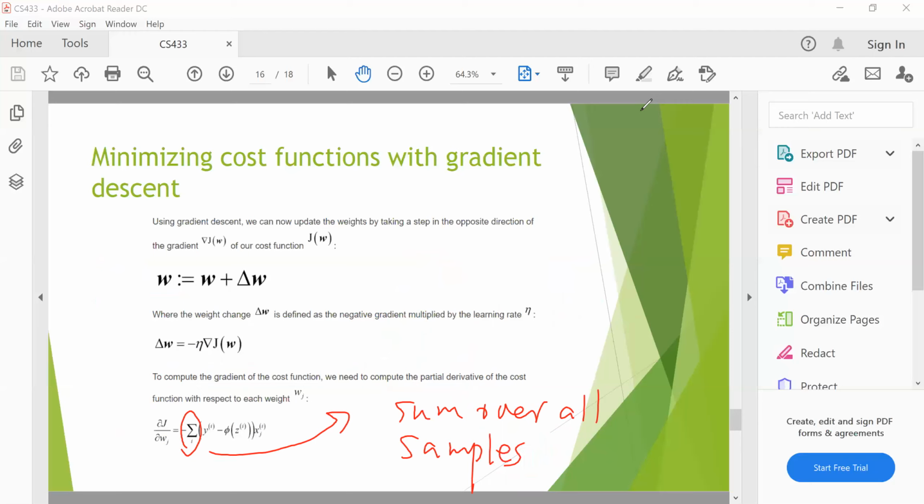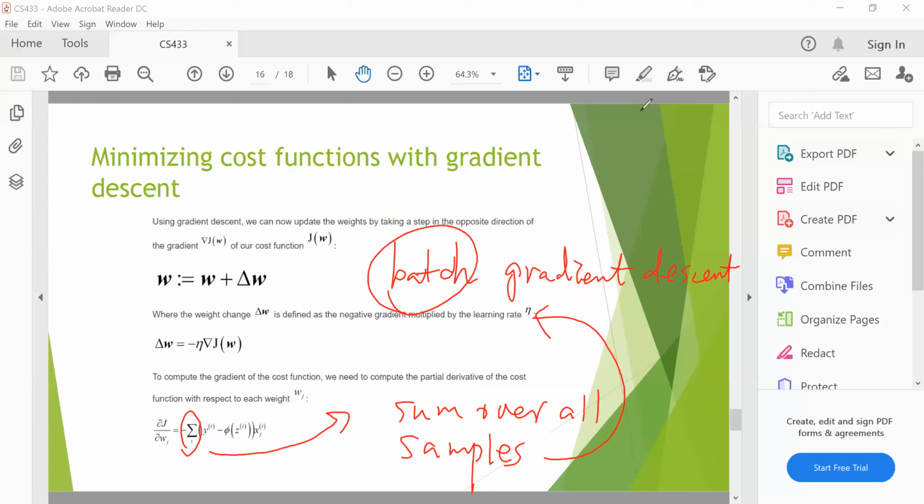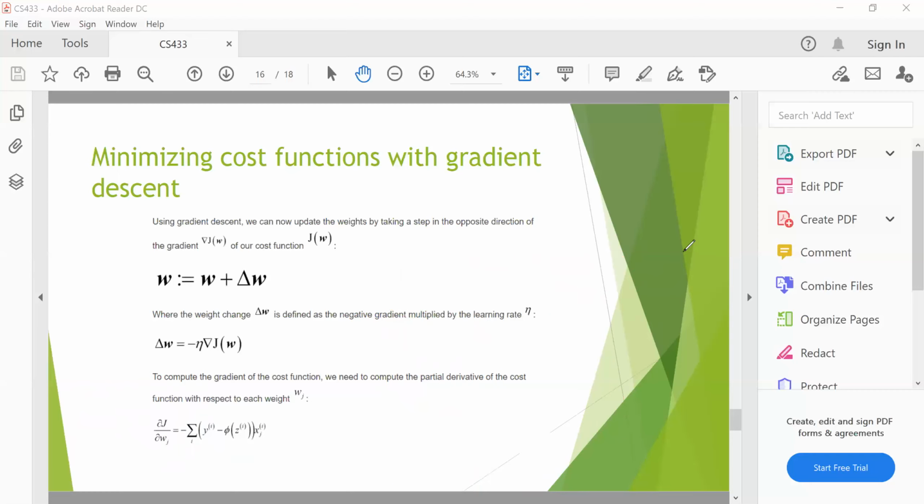That's why we call this batch gradient descent. Batch is regarding all samples. Later on we will also learn stochastic, the online, then it's a different story. So that's the idea here.